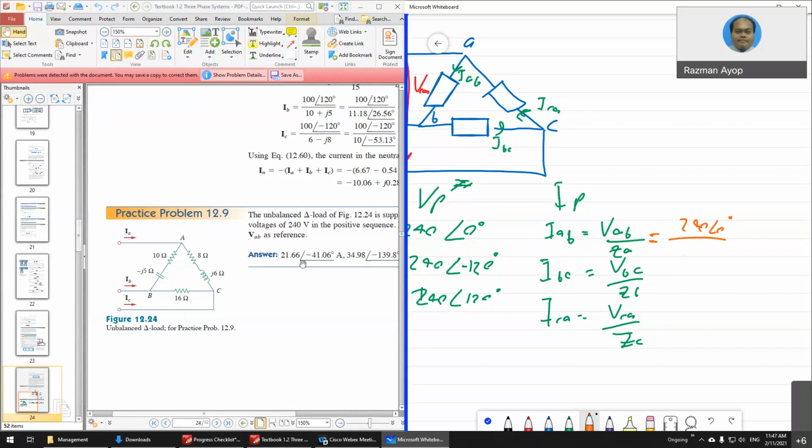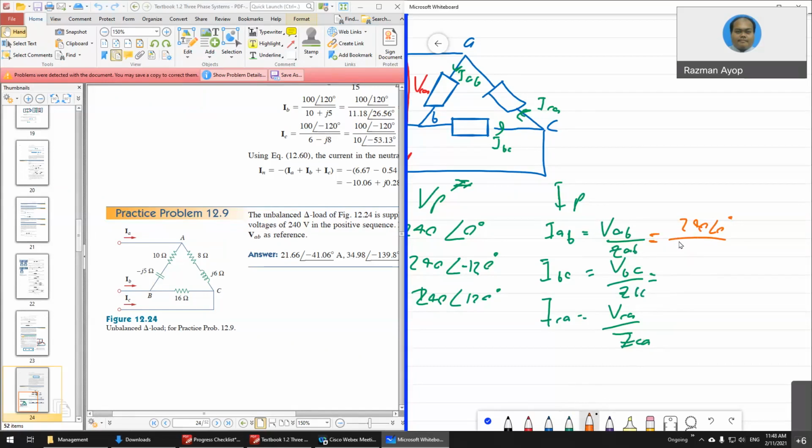Where is ZA? For this case, I suggest you use ZAB, the same, because this is delta. So I suggest you use ZAB, ZBC, ZCA also.